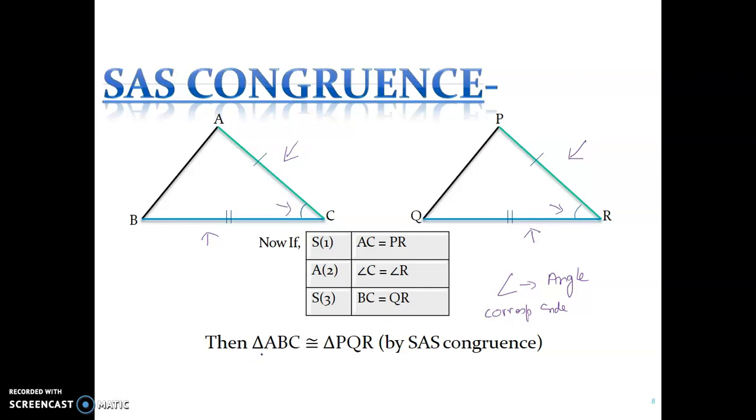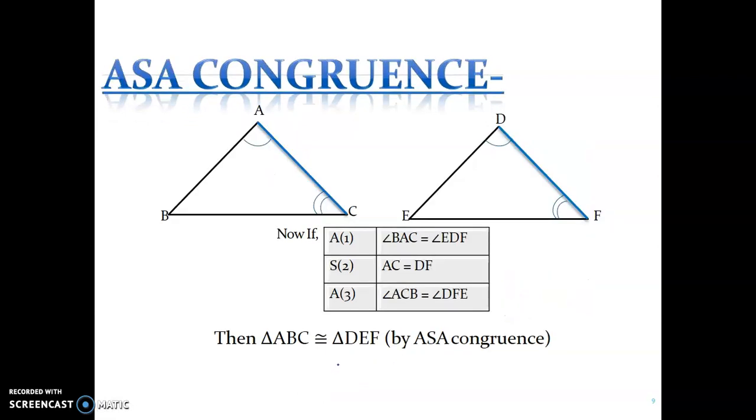So triangle ABC is congruent to triangle PQR. This notation is of congruence. So triangle ABC is congruent to triangle PQR by which congruence? SAS congruence.